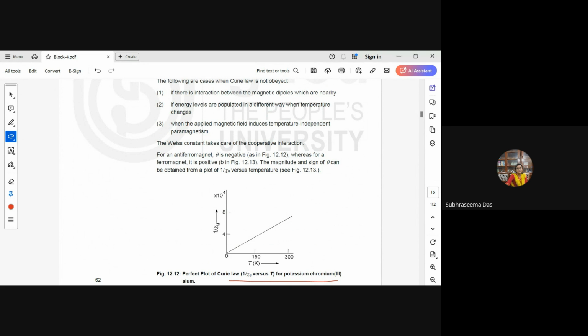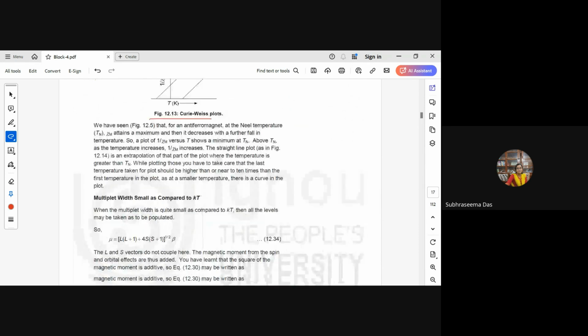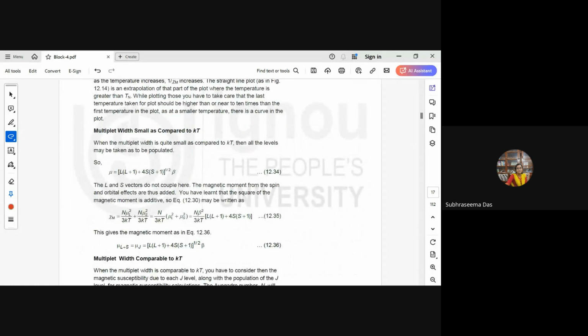For an antiferromagnet theta is negative, whereas for a ferromagnet it is positive. Therefore, the magnitude and sign of theta can be obtained from this plot. Here is an example of a Curie-Weiss plot. Now, when the multiplied width is quite small as compared to kT.